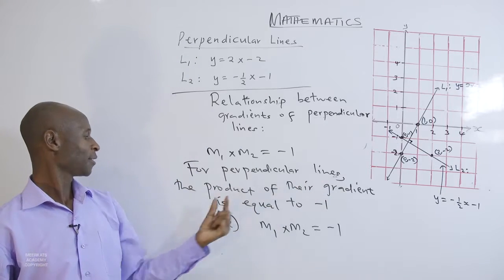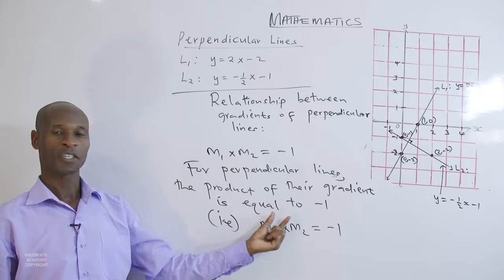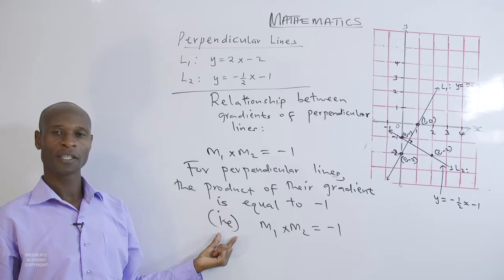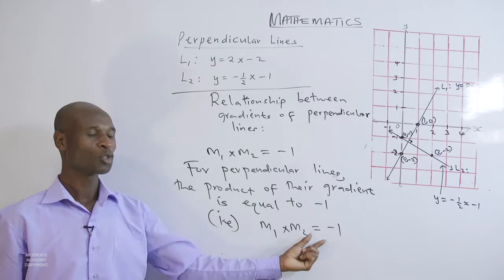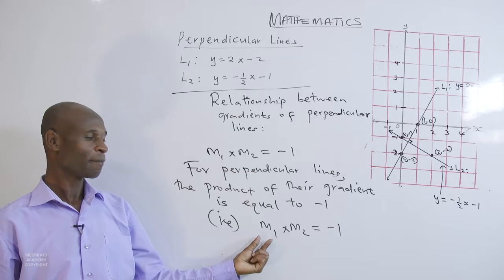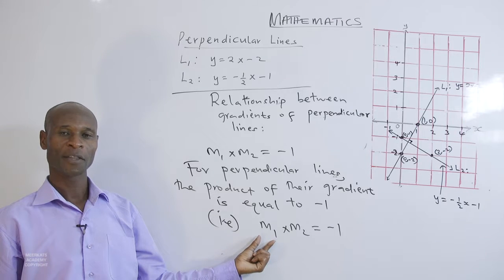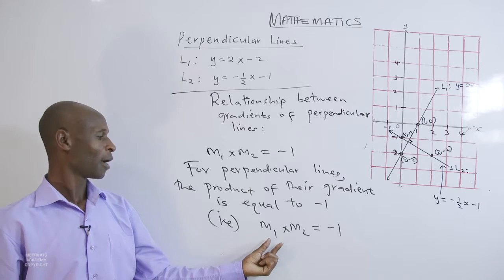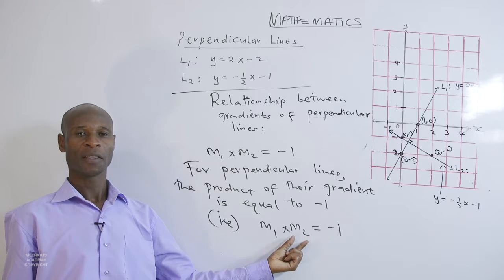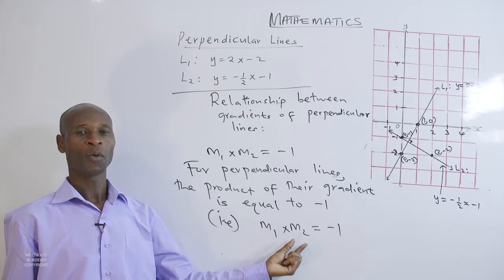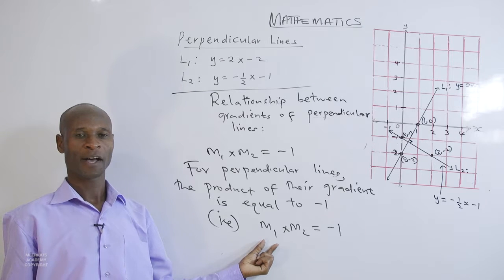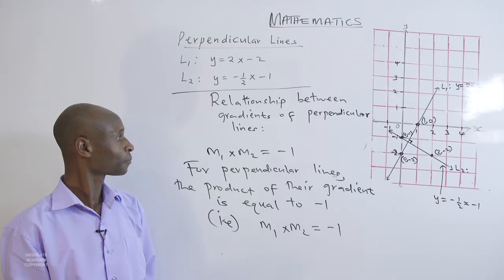For perpendicular lines, the product of their gradient is equal to negative 1. That is, m1 times m2 is equal to negative 1, where m1 represents the gradient of line 1, and m2 represents the gradient of the second line, which is perpendicular to the first line, L1.